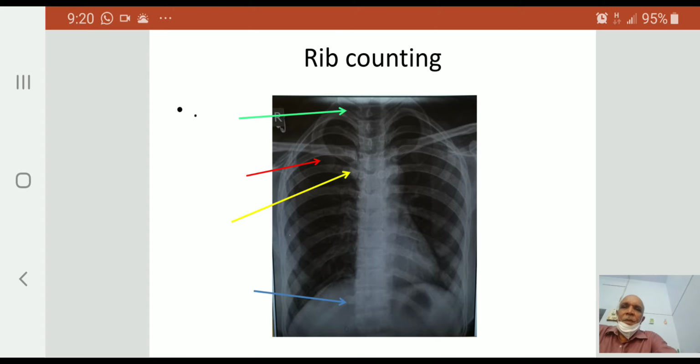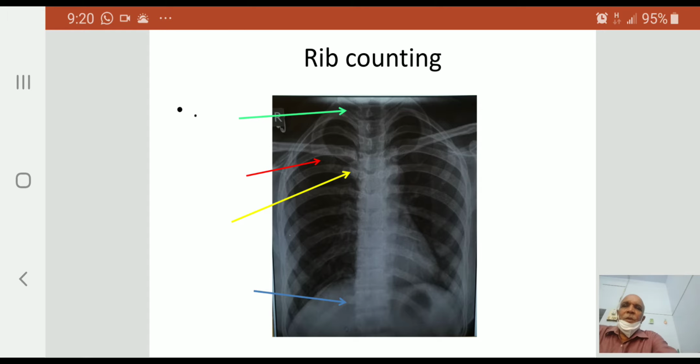In this chest X-ray, the green arrow shows the posterior end of the first rib, and the red arrow shows the anterior end of the first rib. So we should trace from the anterior end to the posterior end for the first rib. So we can confirm that this is the first rib.